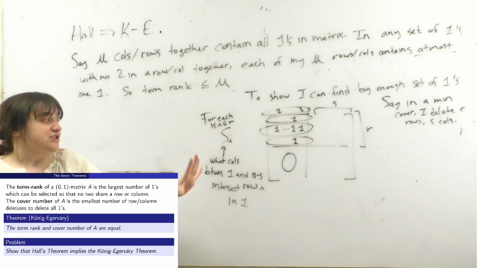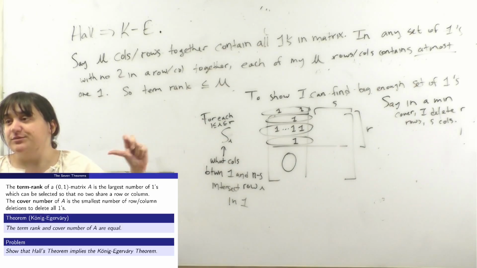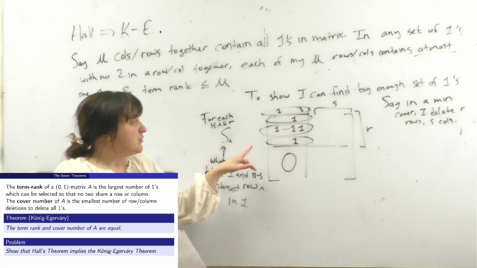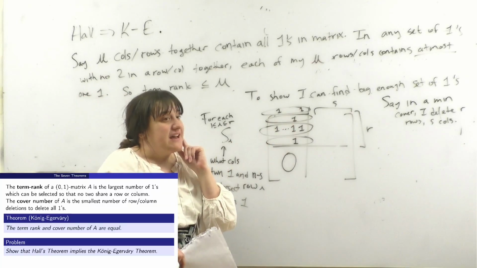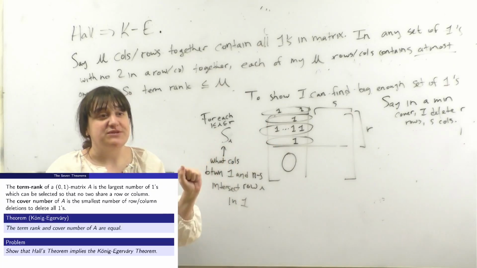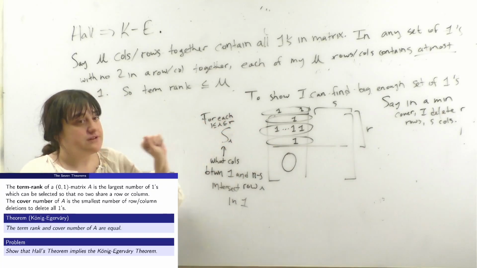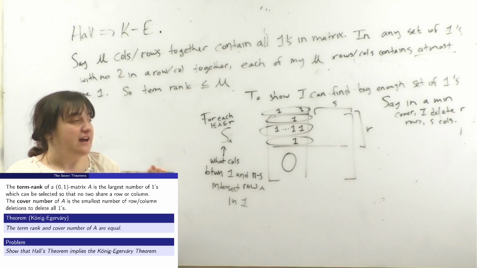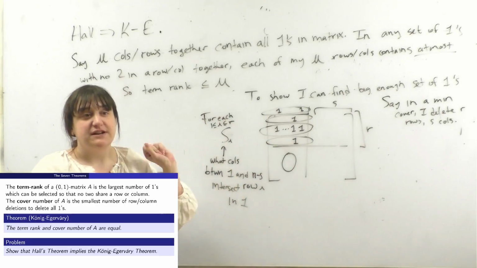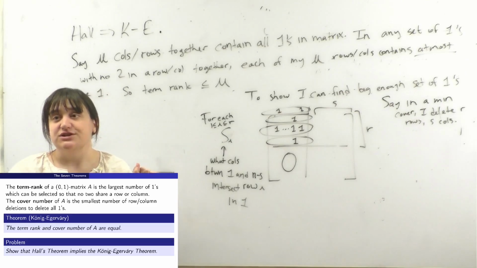So I actually do have to have Hall's theorem satisfied by these sets that I cook up, which means that I have a system of distinct representatives saying, okay, for each of these rows, 1 through R, I can find a column index here where it's got a 1, and I find a different column index for each thing.